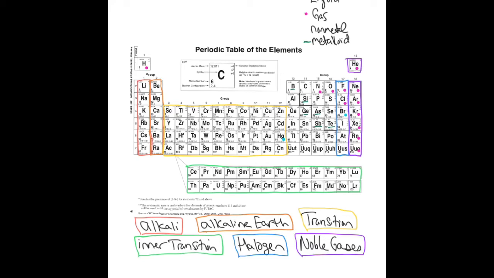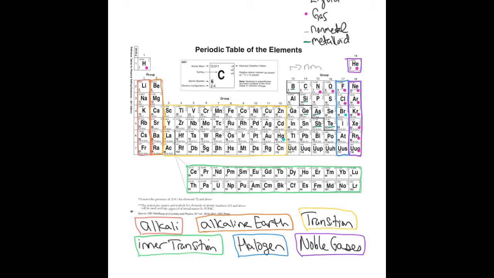The last part of the color coding is underlining the element symbols for the elements that are classified as nonmetals, and I'm using this silver gray color. Nonmetals are to the right of our stair step. Taking a look at the second period, we have carbon, nitrogen, oxygen, fluorine, and neon to the right of that metalloid stair step.